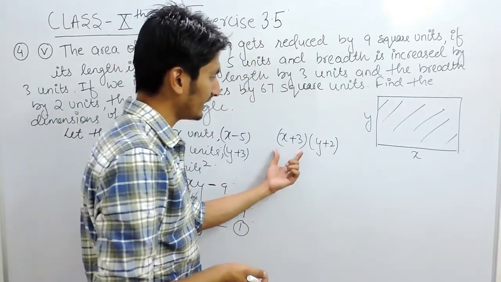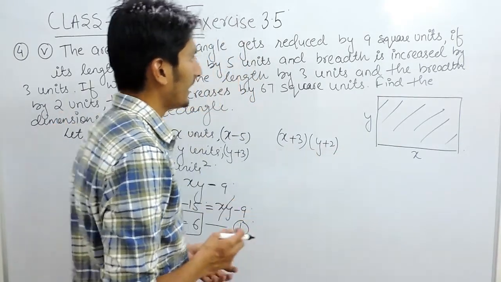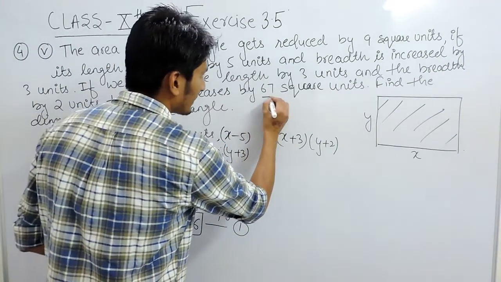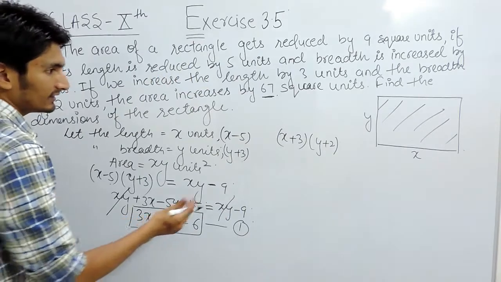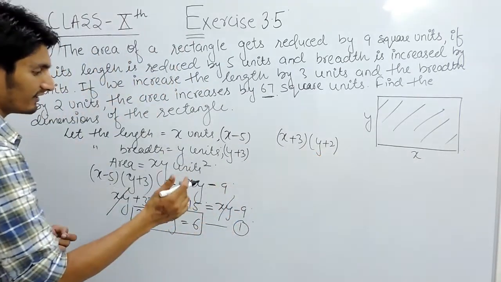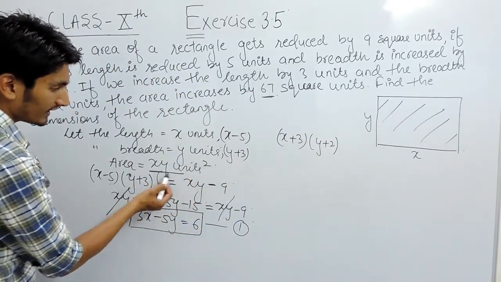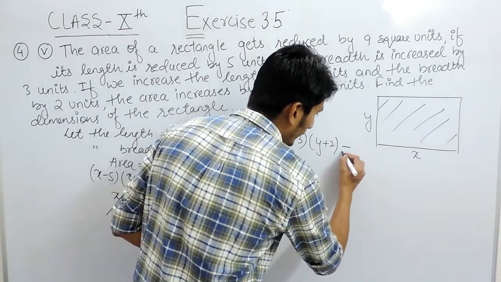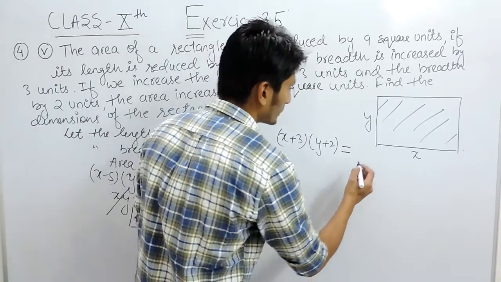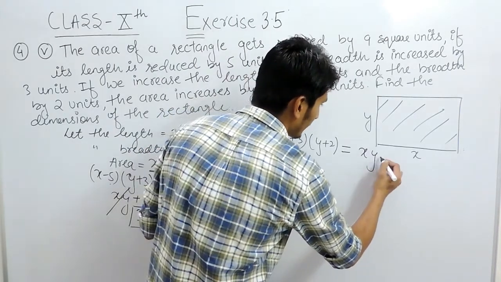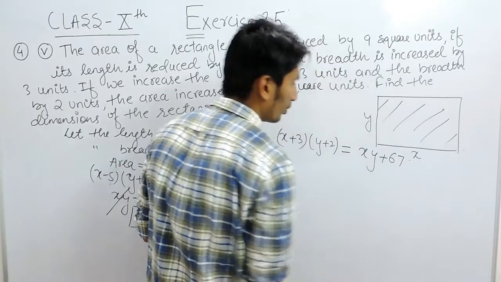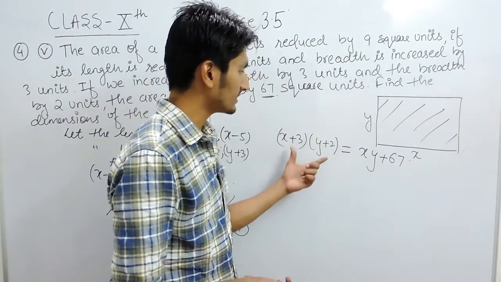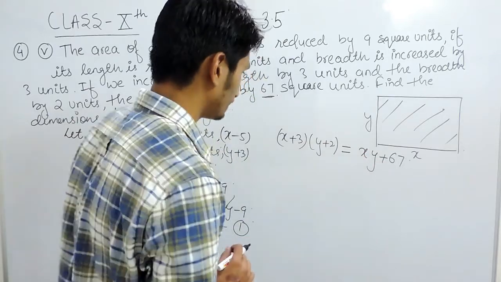So obviously our area should be length into breadth, and in this case the area is increased by 67 square units, means this new area is 67 more than the original area, which is xy. So if you have to equate these, you have to add 67 to the original area, so that these two values become equal.